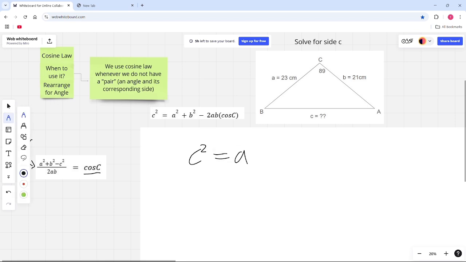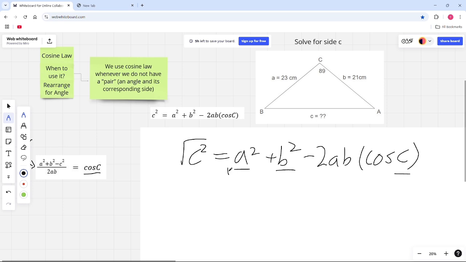C squared is equal to A squared plus B squared minus 2 times A times B times cos angle C. Because we have side A, side B, and angle C, we can just square root this side and square root this entire side.